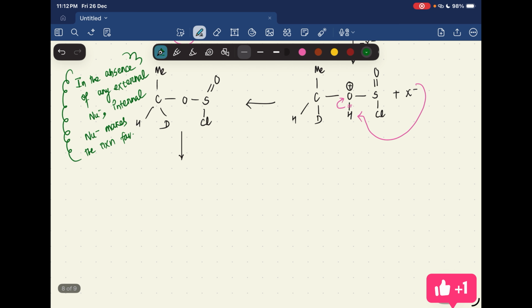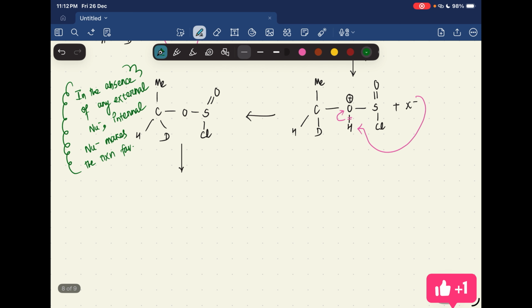Now, which one is the internal nucleophile? Here this chlorine is having lone pairs. This will show the interaction between the carbon and the chlorine.